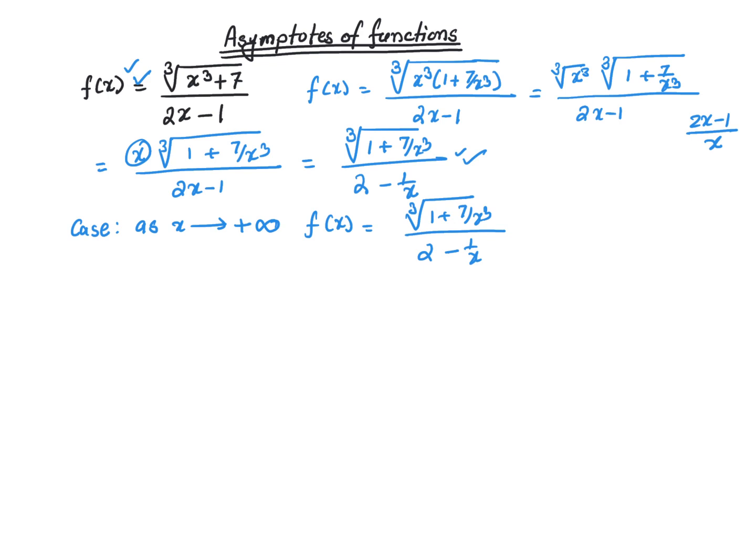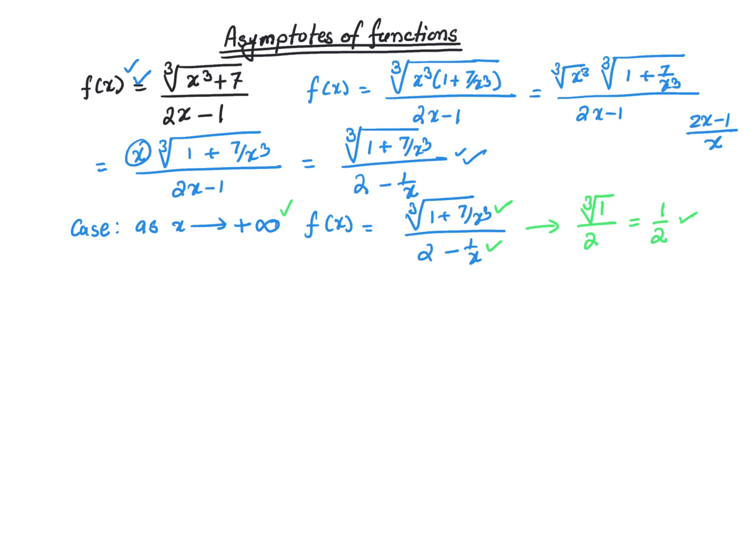As you can see, the term 7 over x cubed is going to go to 0. As x goes to positive infinity, 1 over x is going to go to 0, which is going to tell us that this is going to approach cube root of 1 over 2. Cube root of 1 is 1. We are dealing with real functions. So as x approaches infinity, this function approaches positive 1/2.